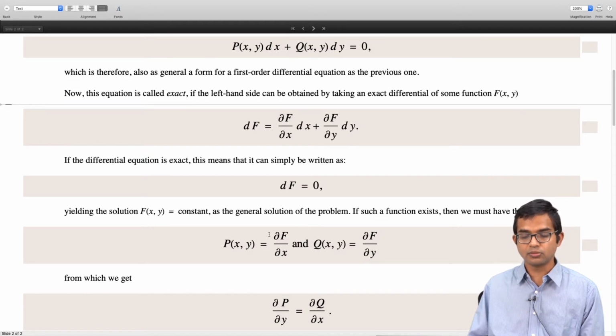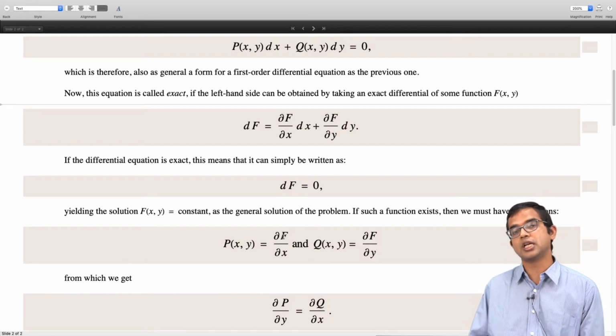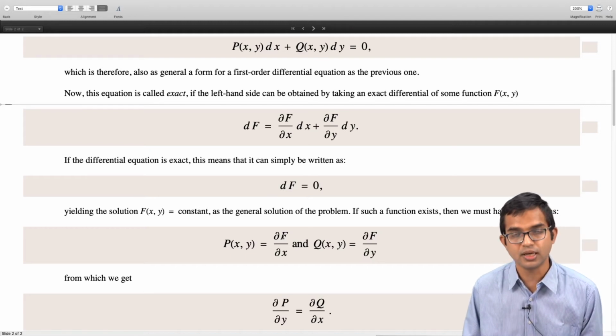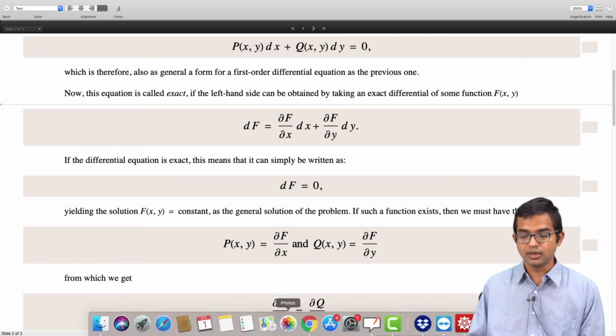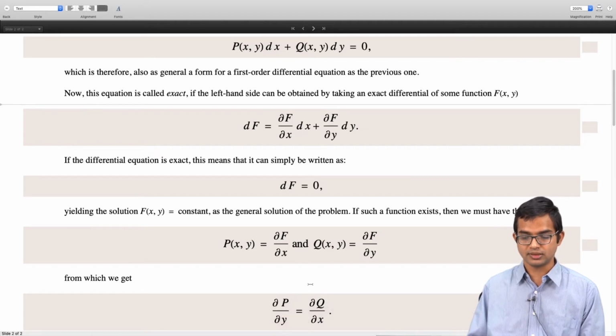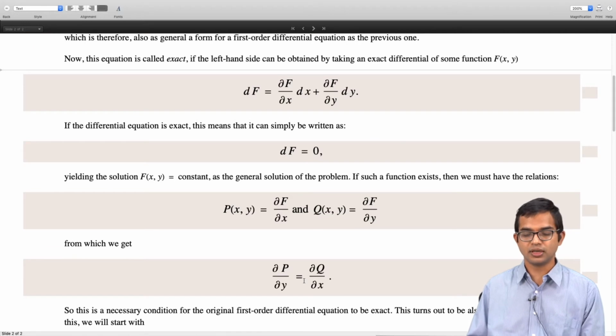And immediately we see that both of these must be the same because they are both the second derivative of f with respect to x and y, dou squared f by dou x dou y, and therefore dou p by dou y is equal to dou q by dou x, which is necessarily true if your differential equation is exact, right? So this is a necessary condition for your original differential equation.